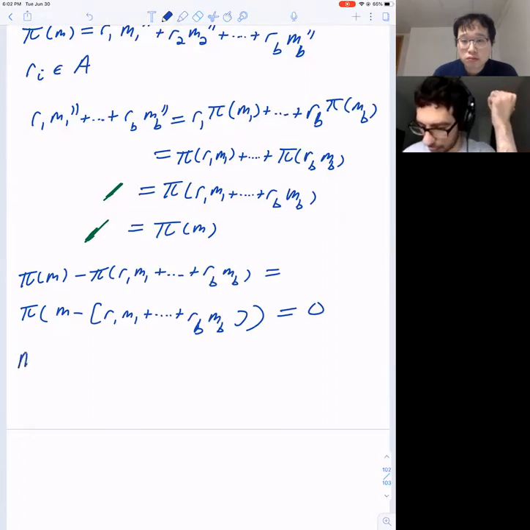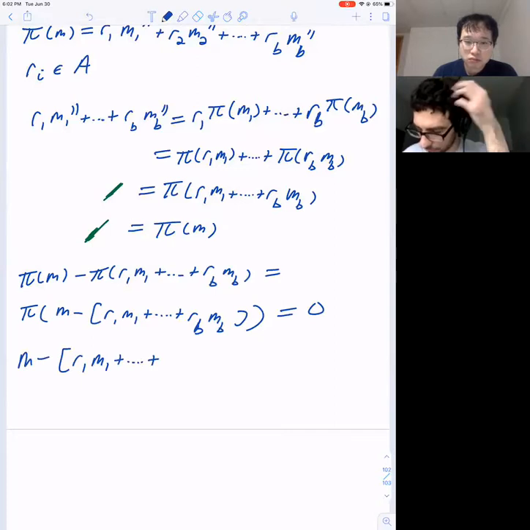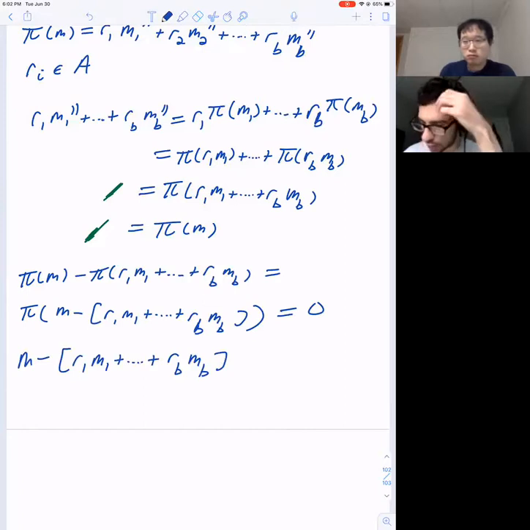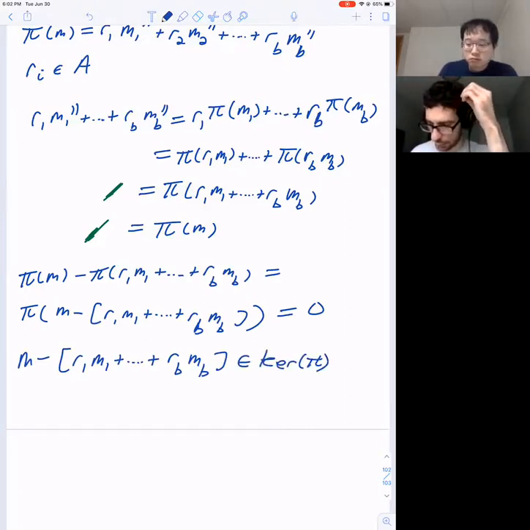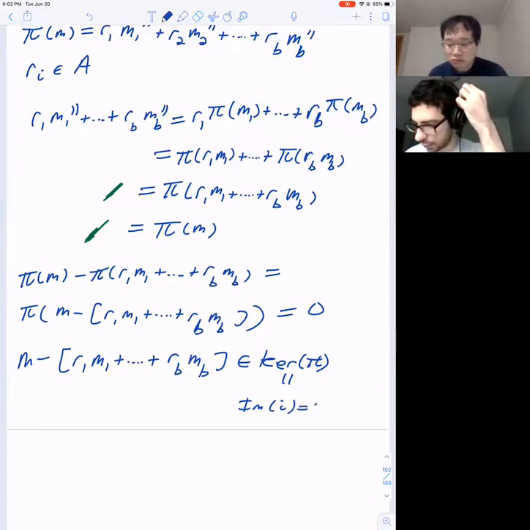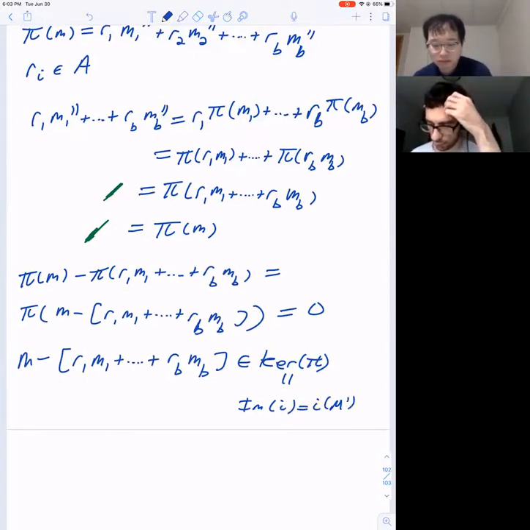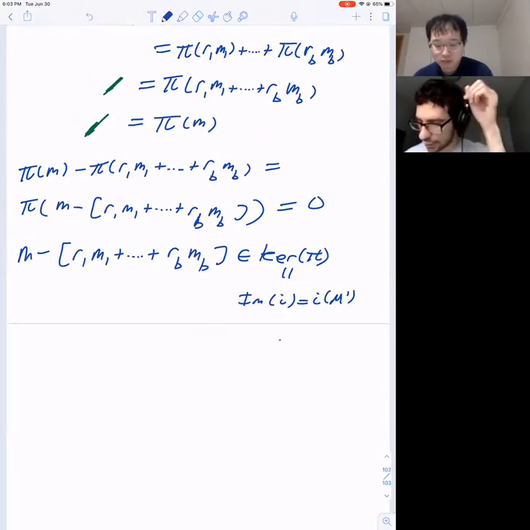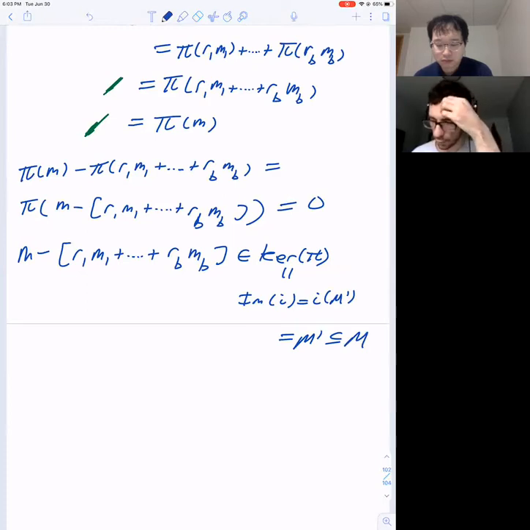So that means m minus R1 M1 up to RB MB is in the kernel of pi. But the kernel of pi is the same as the image of I. That's the same thing as I of M prime. But that's just M prime inside M.